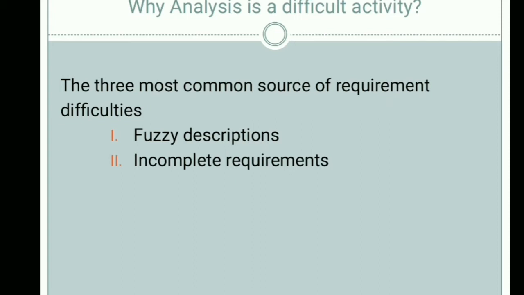Initially, in the starting phase, the user himself doesn't know what the requirements of the system are, what he wants from the system. So due to incomplete requirements, the analysis activity is again a difficult one.